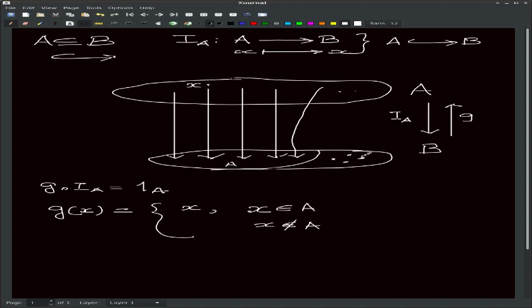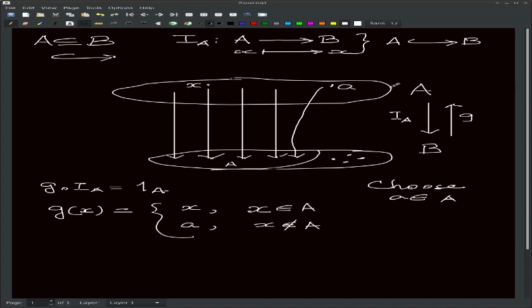Now for these you have to choose a particular element, say a. You choose a from A, and then you can send all of them to a. So all these points are taken back to this point a. Then you see G composed with I_A is obviously the identity.